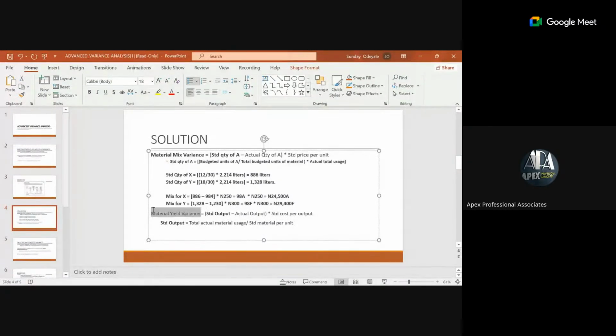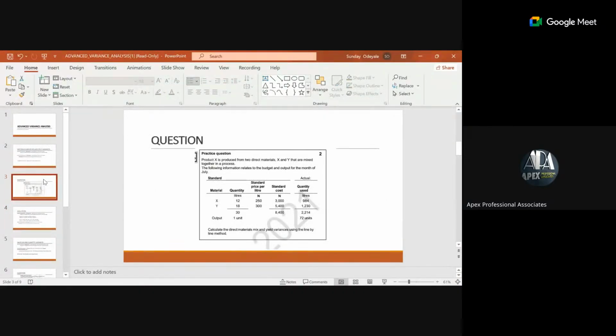So the material yield variance is going to be like this. So what is going to be our standard output? Now remember, we said our standard output should be your total actual material usage divided by your standard material per unit. Now this question I've made life very, very easy for us, because they gave us the quantity required to make just 1 unit. So it means that we are to use 30 liters to make 1 unit, as simple as ABC.